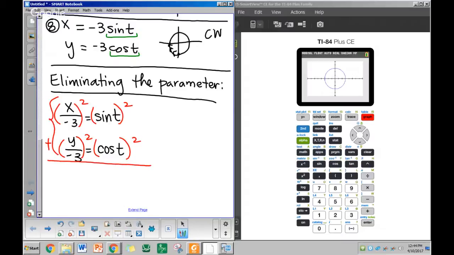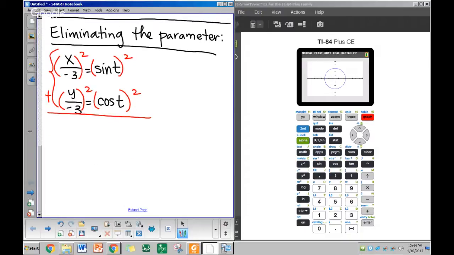Because that's an identity, and we can say sine squared plus cosine squared is equal to 1, and the t is now gone. And so now this is x squared over 9 plus y squared over 9 equals 1. And this is a circle of radius 3.